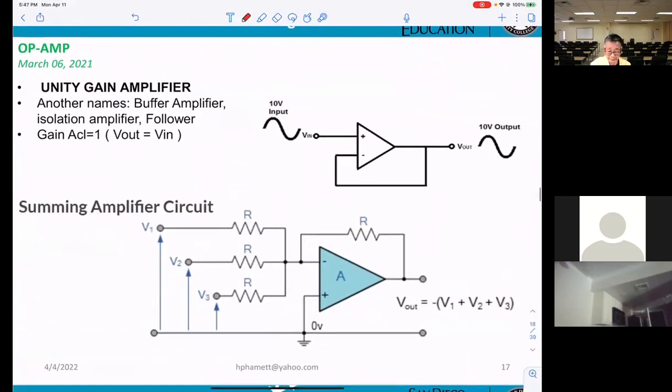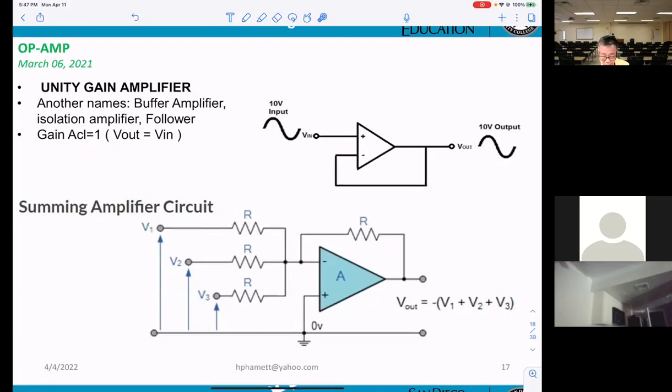Unity gain amplifier. This circuitry we call a unity gain amplifier. Okay, they have no feedback resistance. The unity gain amplifier tells you the gain ACL equals 1.